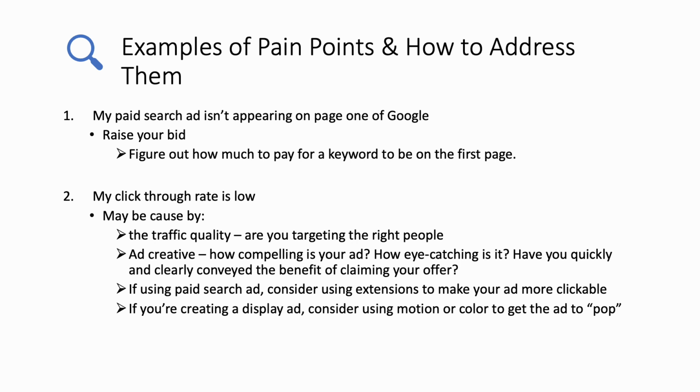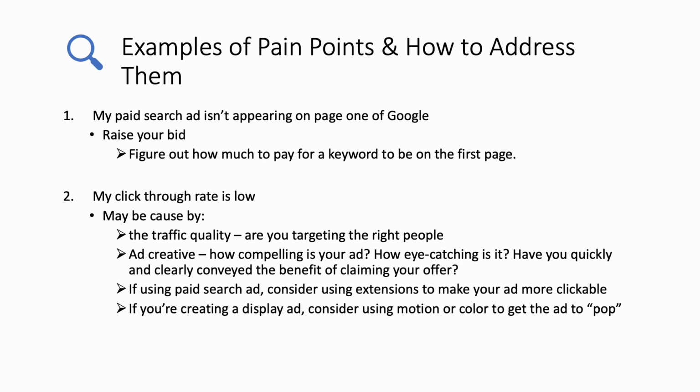Here are some common challenges and how you might address them. If your paid search ad isn't appearing on page 1 of Google, you might need to raise your bid or research how much to pay to reach that spot. If your click through rate is low, ask yourself, are you targeting the right audience?